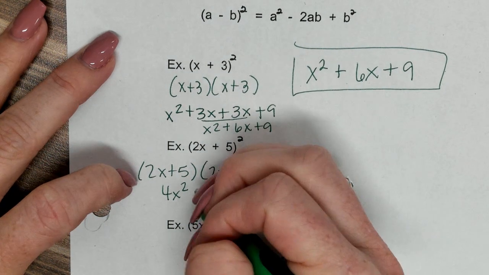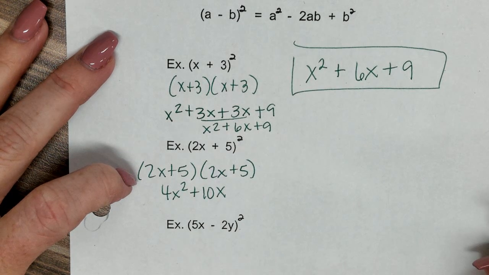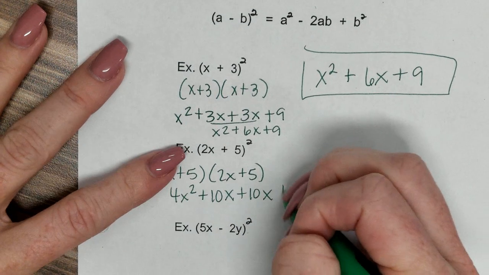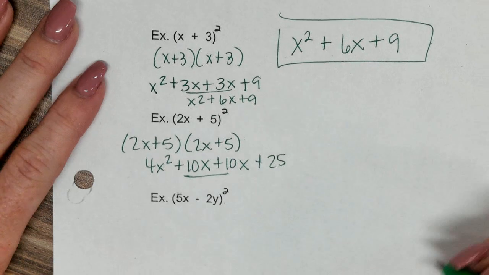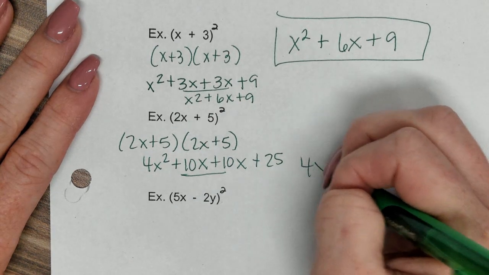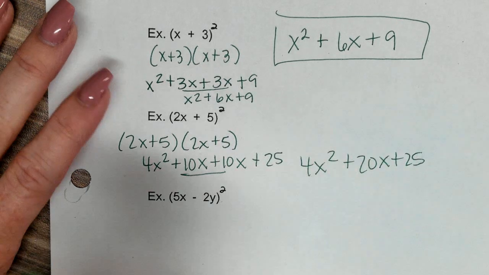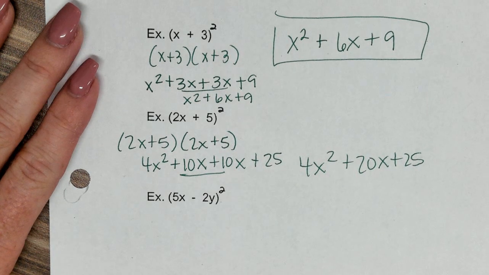Outer, plus 10x. Inner, plus 10x. Last, plus 25. Combine your like terms, and you're left with 4x squared plus 20x plus 25. Yes? All right, now let's do it the shortcut way.